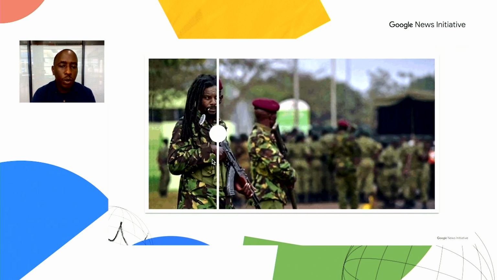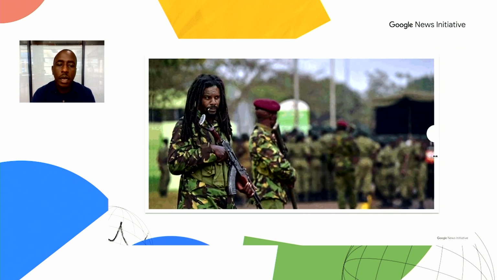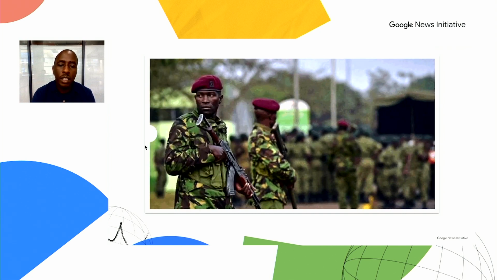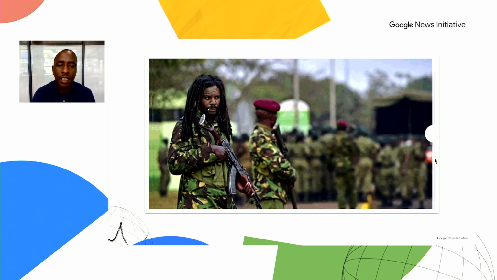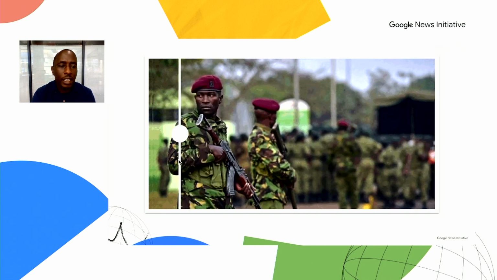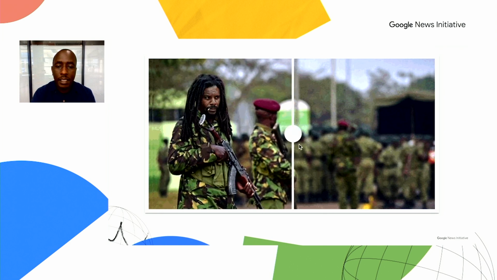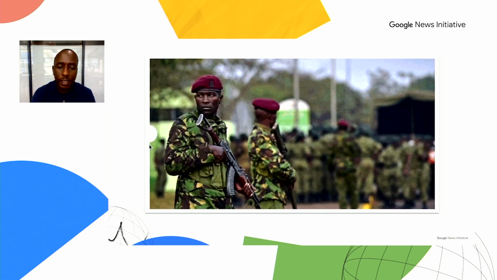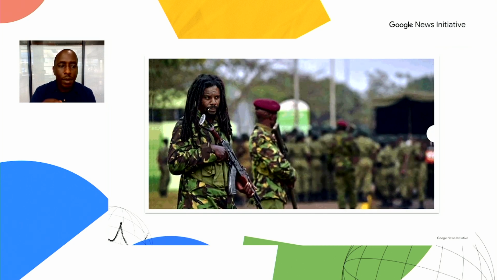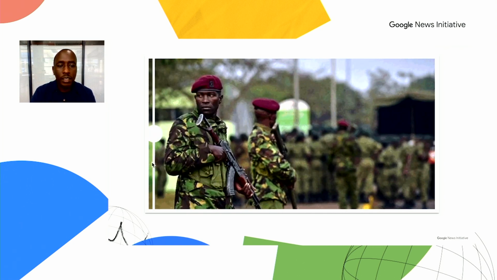However, the image was manipulated. The original image was used in a report about security measures put in place ahead of the elections to prevent election interference. So in this example, we see an image that has been edited, has been manipulated, and then a caption that has been added to it to create a certain impression about that piece of content.